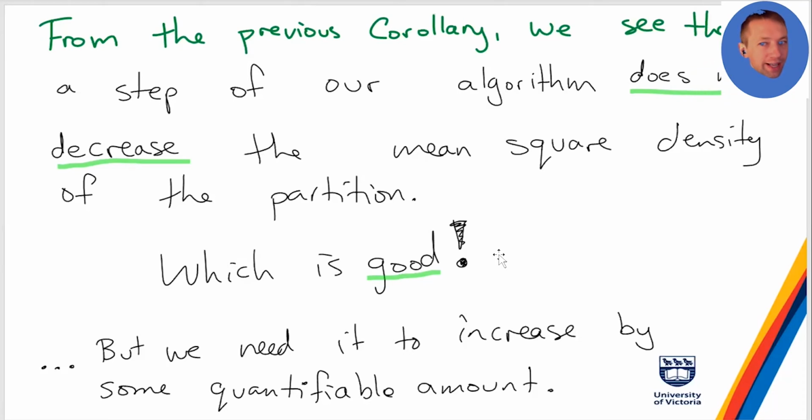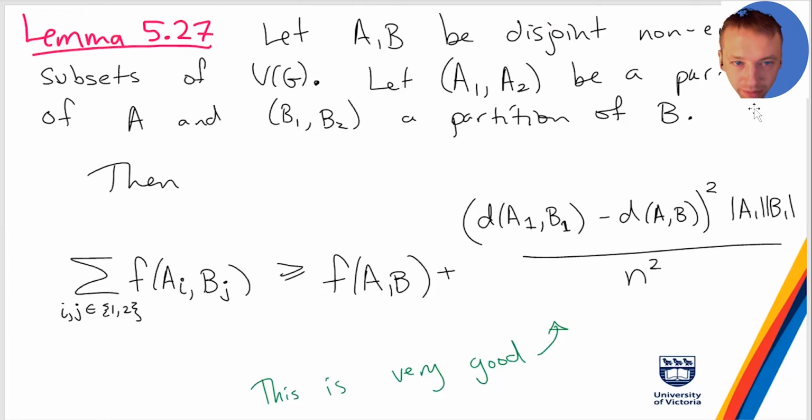What we've proven is that it doesn't go down, which is good. Not going down is the first step to going up, but it's not good enough for us to just say it goes up. We need to be able to quantify how much it goes up by. So I want to say that when I do this refinement, the F value goes up by an amount that I can measure. That's going to come from the following lemma.